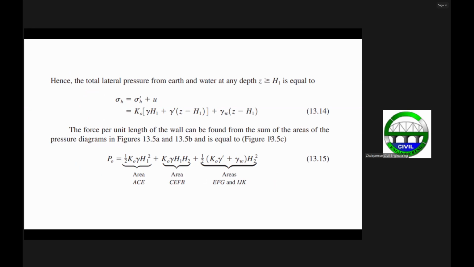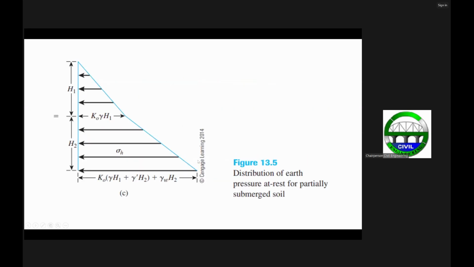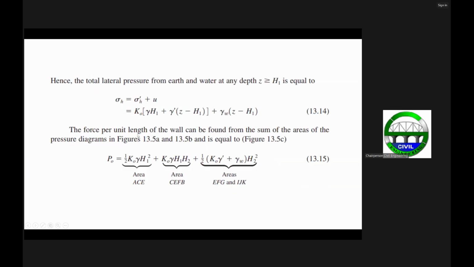So considering this condition, we would like to derive now the force per unit length of the wall. The force per unit length of the wall can be found from the sum of the areas of the pressure diagrams.